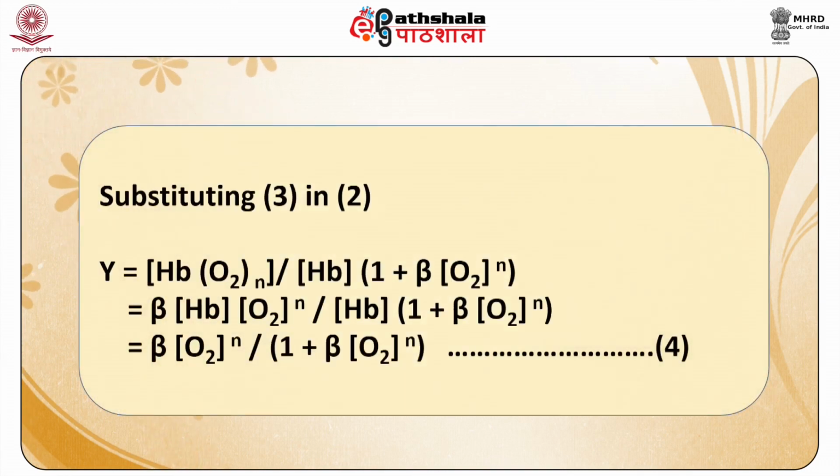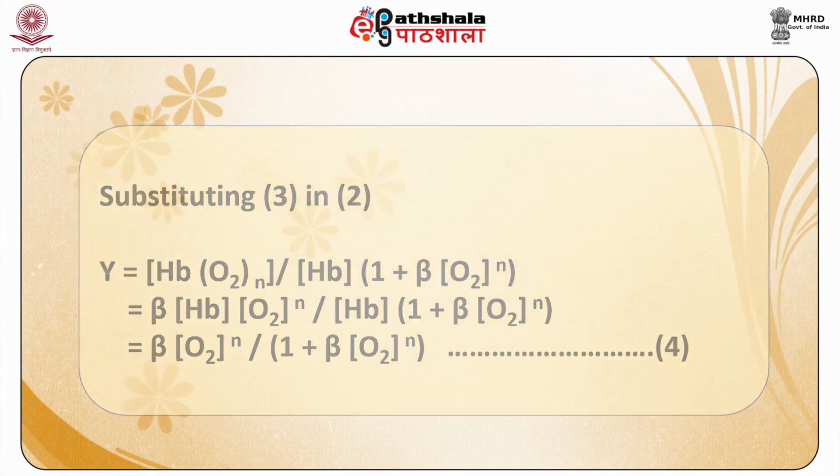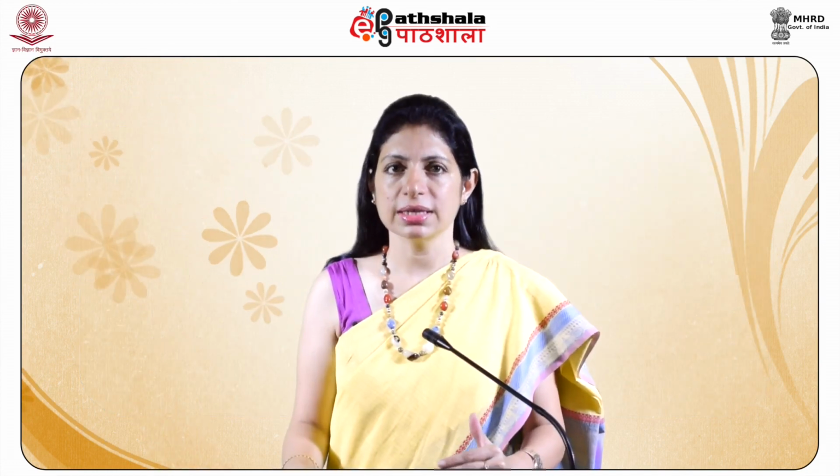By substituting and rearranging, we get the expression for Y as Y = beta [O2]^n / (1 + beta [O2]^n). As O2 is a gas, it is convenient to express concentration in terms of partial pressures of oxygen, that is PO2.